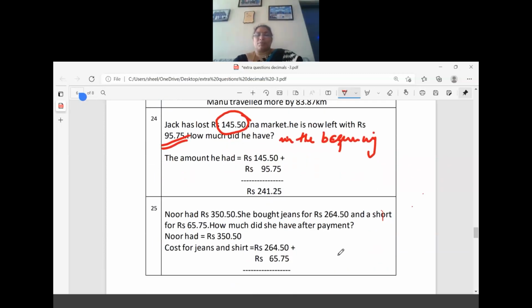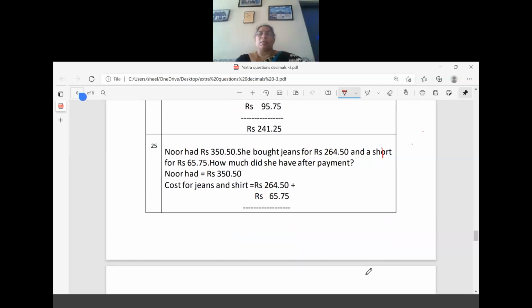One more question, I'll finish. Noor had rupees 350.50. She bought jeans for 264.50 and a shirt for rupees 65.75. How much did she have after the payment? So here first she has 350.50. From that, what is the amount she spent on jeans and shirt? That is 264.50 and 65.75.